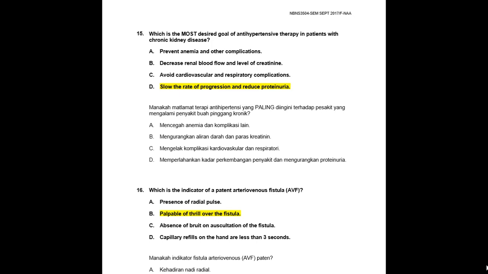Through this antihypertensive therapy, you cannot prevent anemia and other complications. Although we can reduce some other complications, you cannot prevent anemia through antihypertensive therapy. So answer A is wrong.